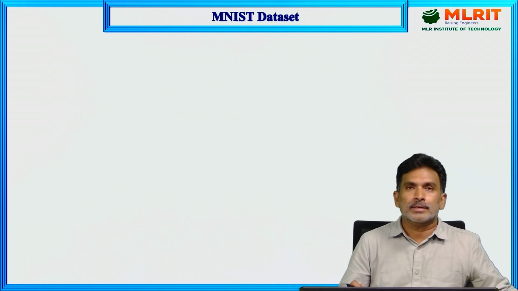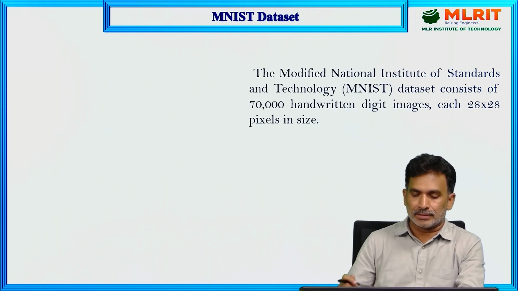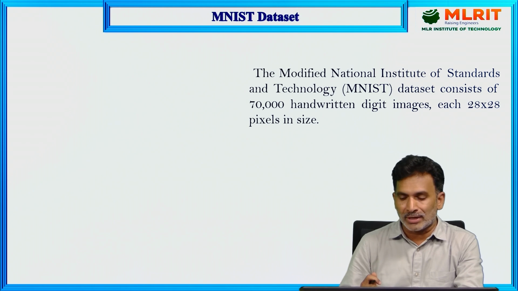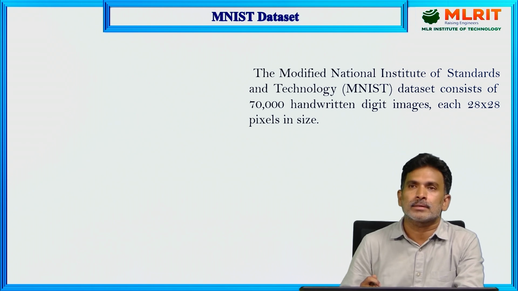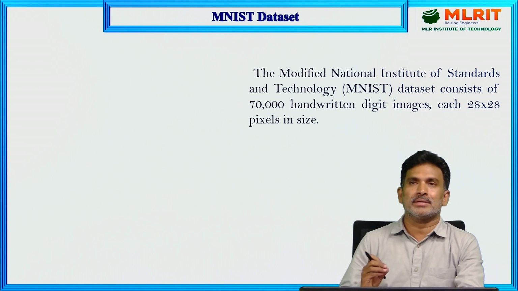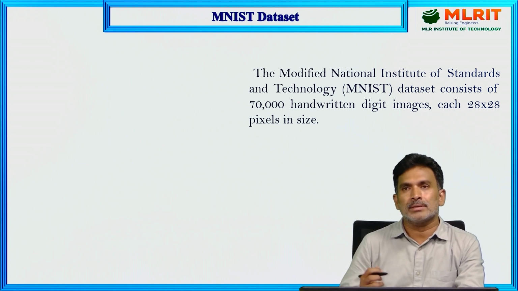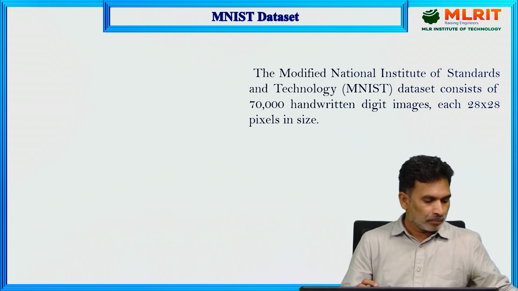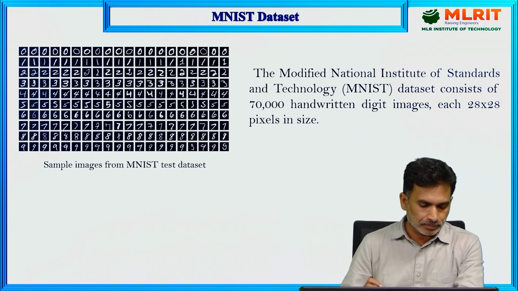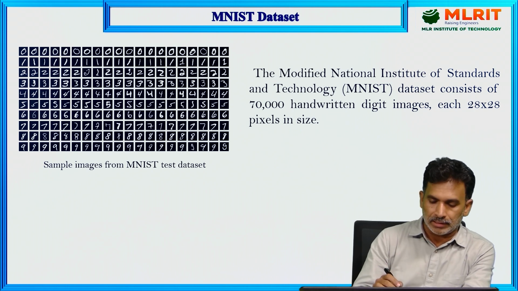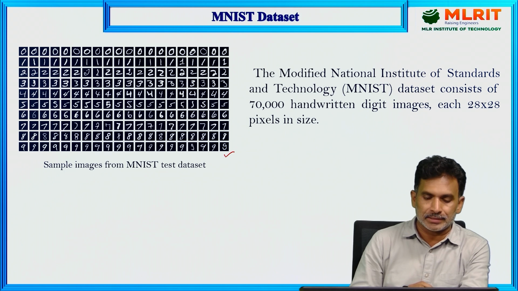So let us first see what the MNIST data set is. As I said, the full form of MNIST is Modified National Institute of Standards and Technology. This data set consists of 70,000 handwritten digit images, and each image is 28 by 28 pixels. Here you can see each digit is an image.